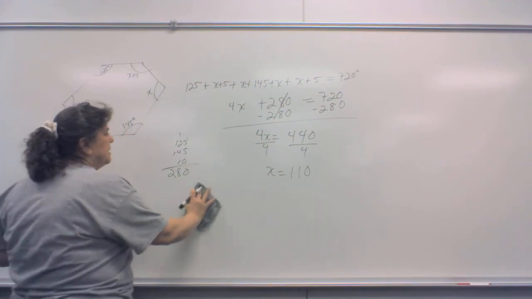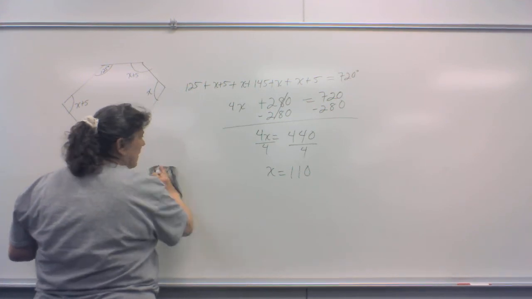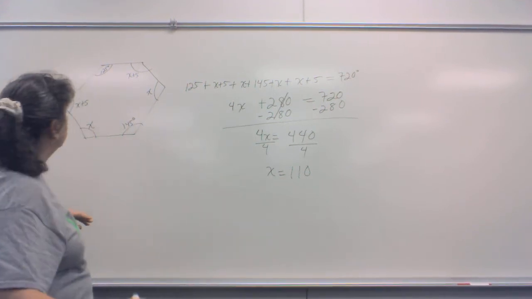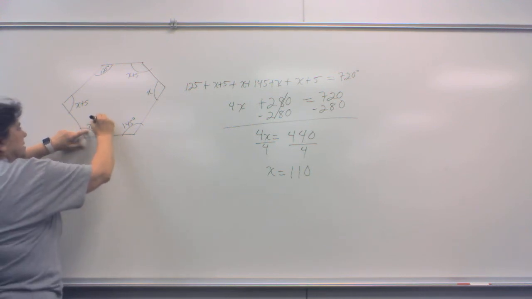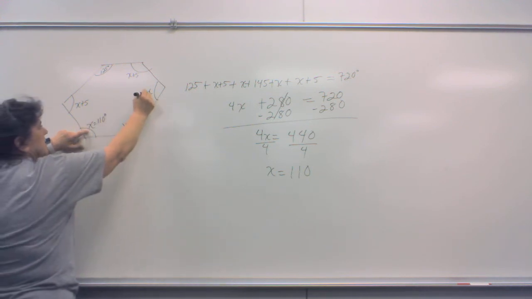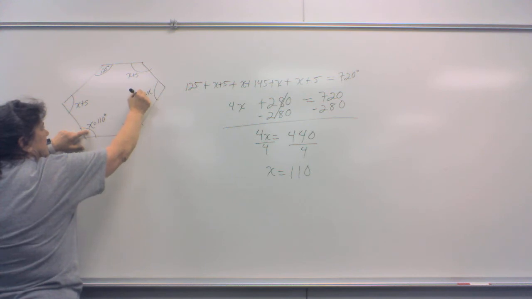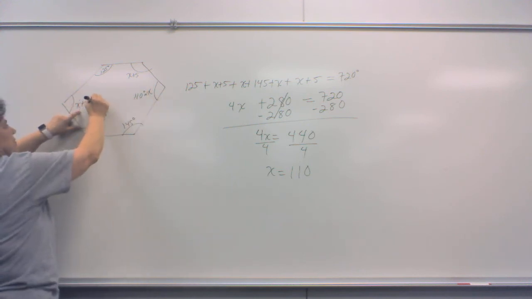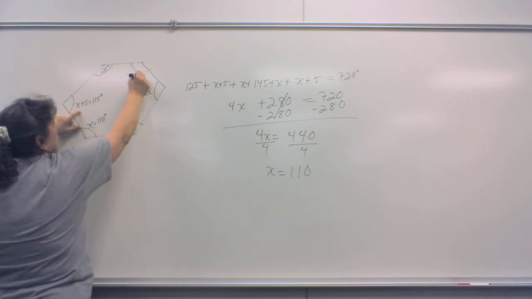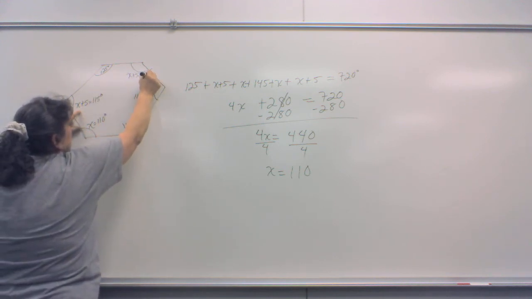Okay, so now we can figure out the degrees. X is 110, so this is 110 degrees. This one also is 110 degrees. X plus 5 is equal to 115 degrees. And this one is the same thing.